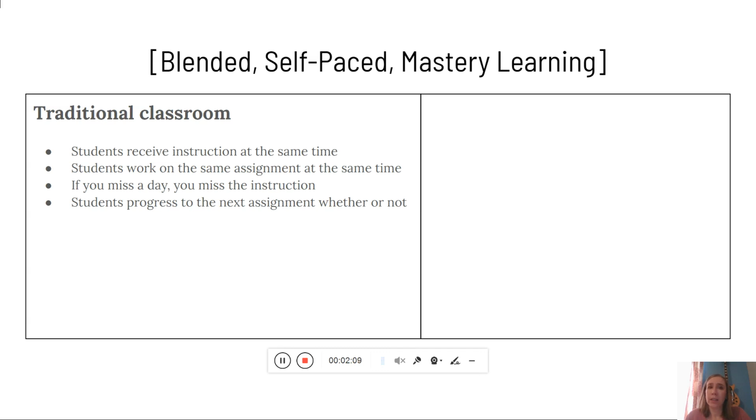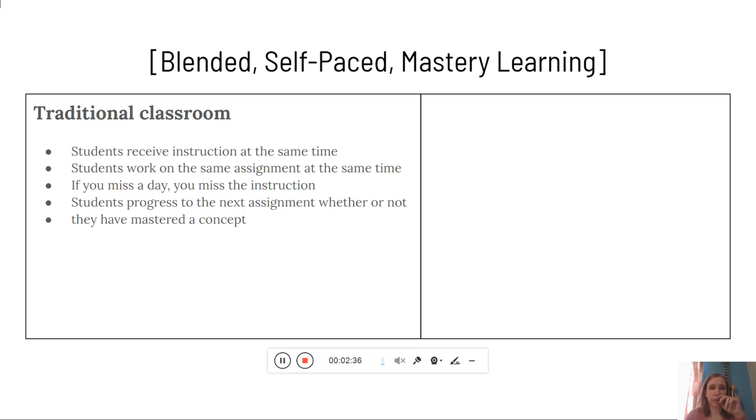Students progress to the next assignment whether or not they have mastered a concept. If you can demonstrate mastery, that means that you can earn an 80% or higher on a mastery check, which would be like a little quiz. Let's say a 10 question quiz, you get 8 out of 10 right, you've shown mastery, and you get to move on to the next assignment.